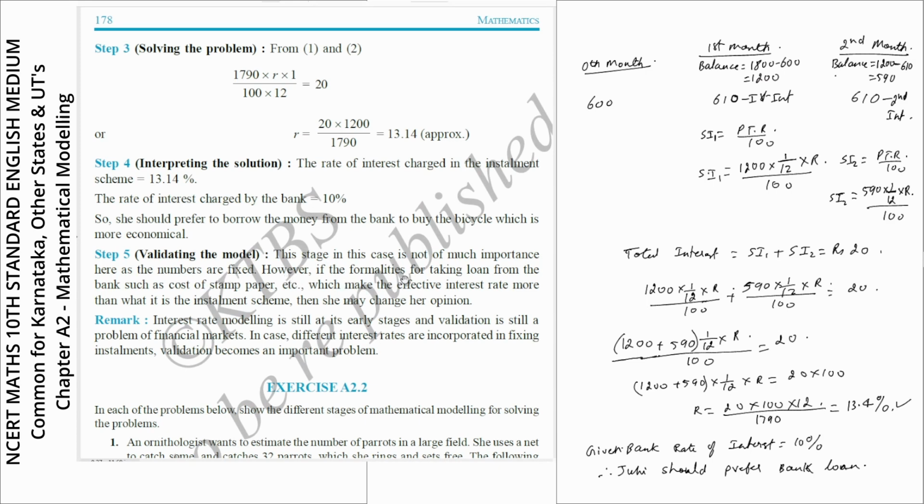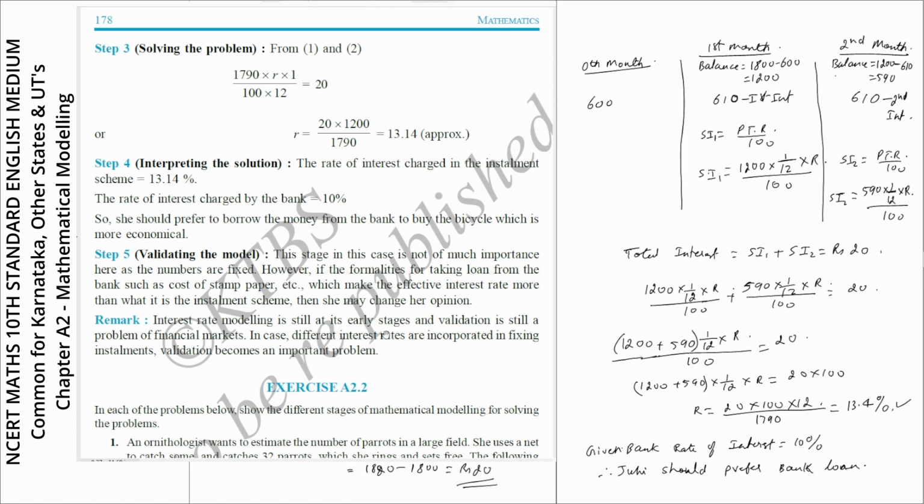However, if the formality is for taking loan from the bank, such as cost of stamp paper etc., which make the effective interest rate more than what it is in the installment scheme, then she may change her opinion. So sometimes if we include all these charges like stamp paper charges and processing charges, then the total charges may be more than the installment scheme. That time we may consider taking installment scheme also.